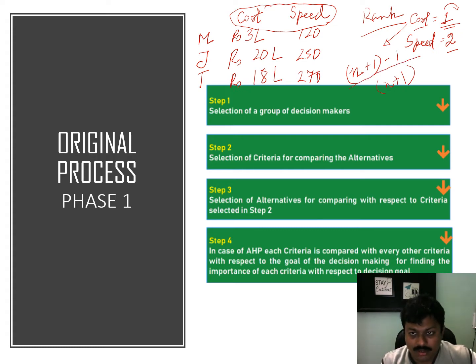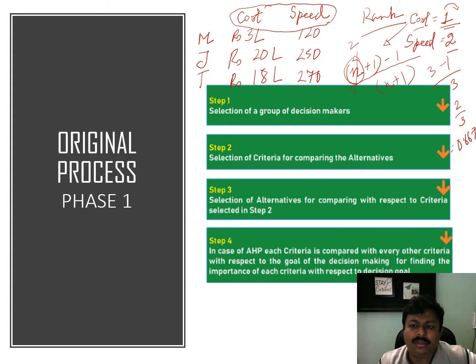Here you see the total number of criteria is 2. So the numerator will be 3 minus 1, divided by 3. So this comes to be 2 by 3, which is around 0.667.